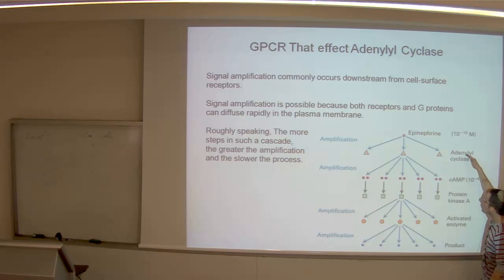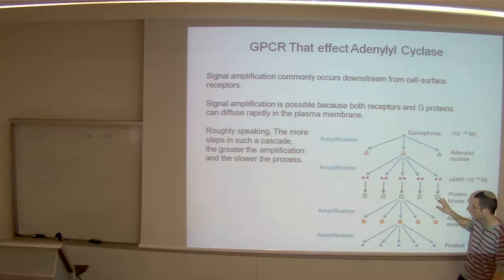Okay. Now, once the cyclic AMP levels have risen, this transition between the cyclic AMP and the activation of the protein kinase A does not really have any amplification, because you have to have the cyclic AMP molecules bind to the PKA to keep it functional. They have to stick with it as long as it's functional, so there's no real amplification right here.